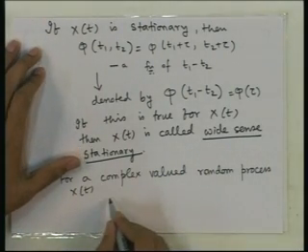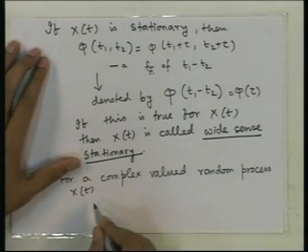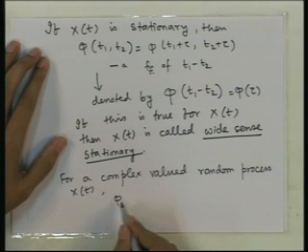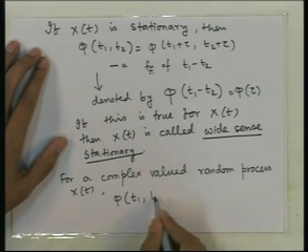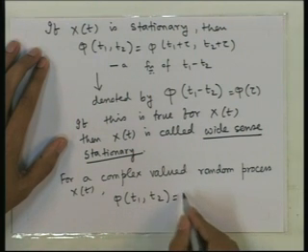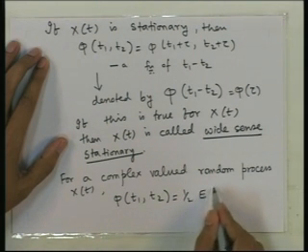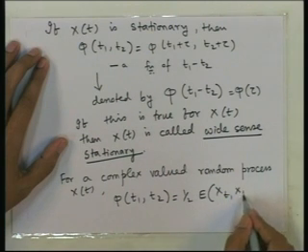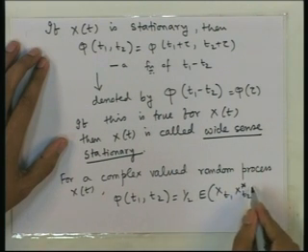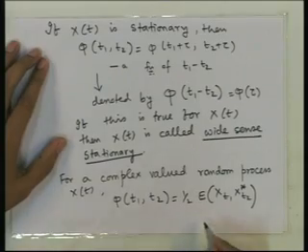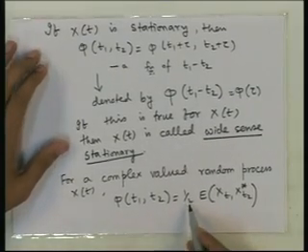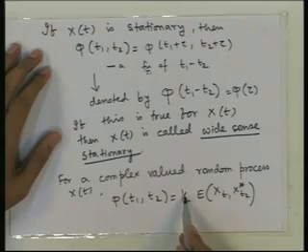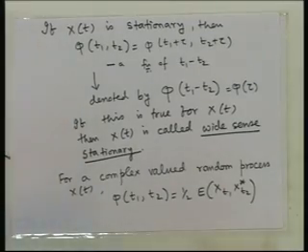Then the autocorrelation function will be defined as the expectation of X(t1) times not X(t2), but X(t2) conjugate. This half is not really very important. There are two parts, real and imaginary, so this is scaled by half.